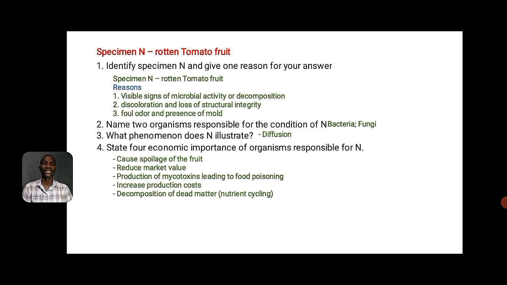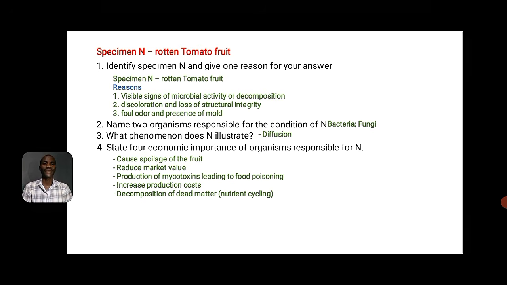If it is bacteria, we can say bacteria toxin, leading to food poisoning. If you consume any spoiled food, it can lead to food poisoning. Then it increases production cost because the farmer will want to spend more on procuring facilities to ensure that the tomato is well preserved.